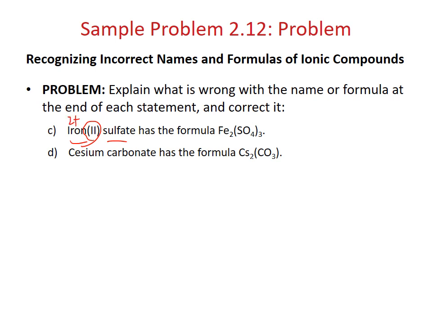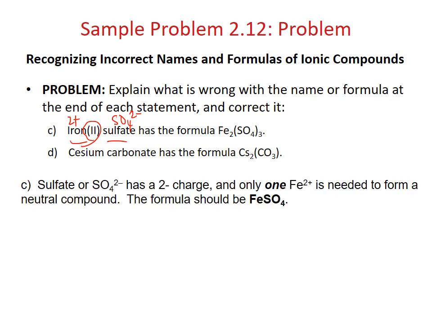Sulfate is SO4 2 negative. Because negative charge and positive charge are equal, the formula should be only Fe SO4, so each have 1, instead of this one 2 and 3. If you use this one, iron 2 sulfate 3, that indicates iron is 3 plus, and that's incorrect. The correct name should be this one.